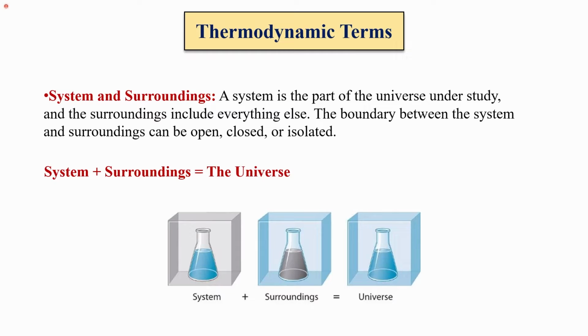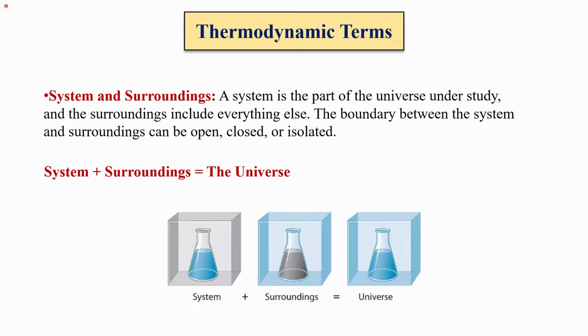The system is that part of the universe under study, and the surroundings include everything else. For example, this is a beaker, this is a conical flask, containing, let's say, water. So this water will be our system.